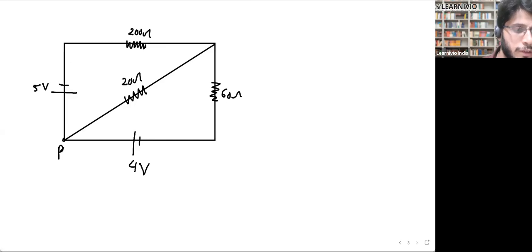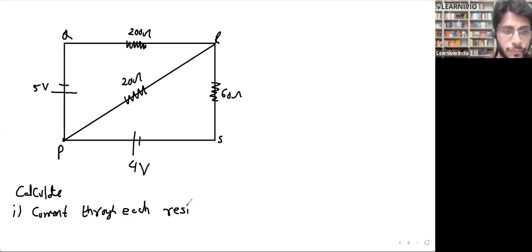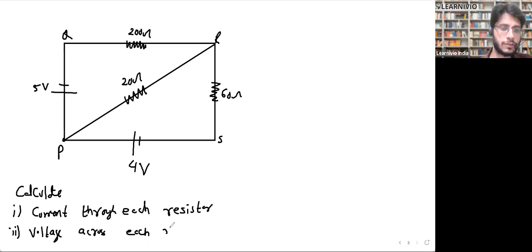So let's call this point P, this point Q, this R, this S. We are supposed to calculate, first part, the current through each resistor. After current, we will also calculate the voltage across each resistor.